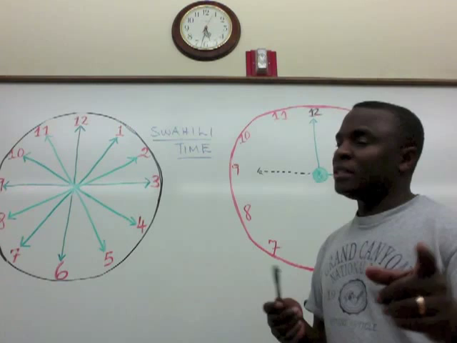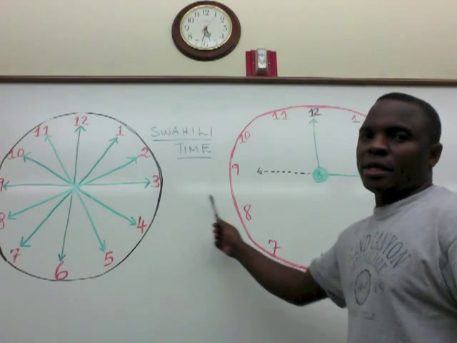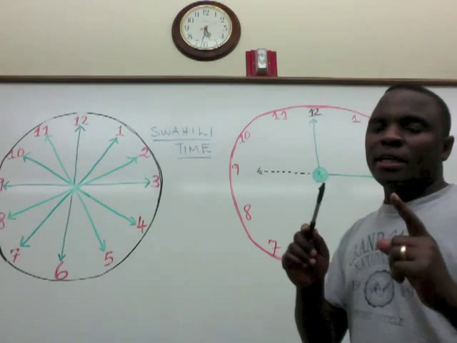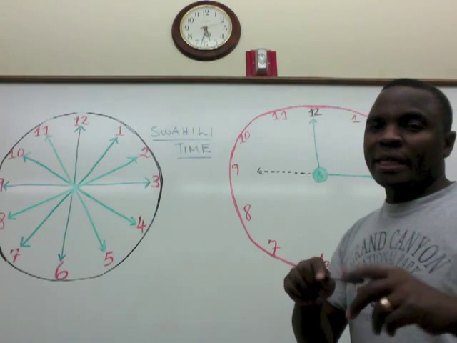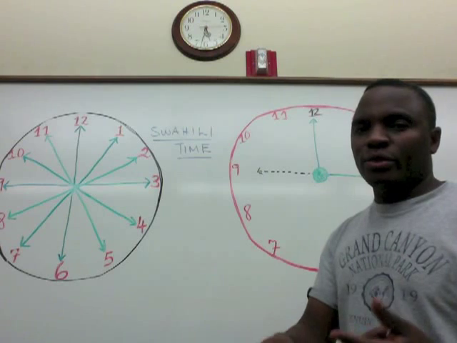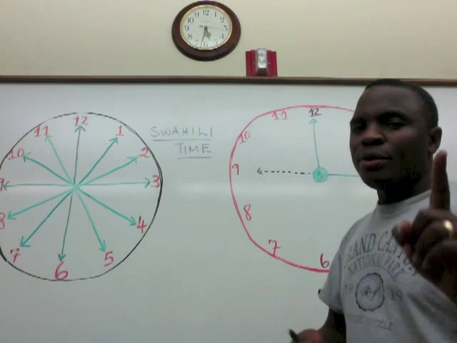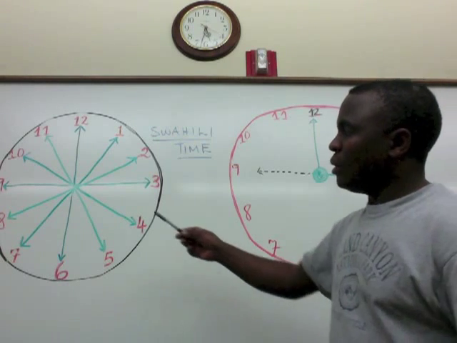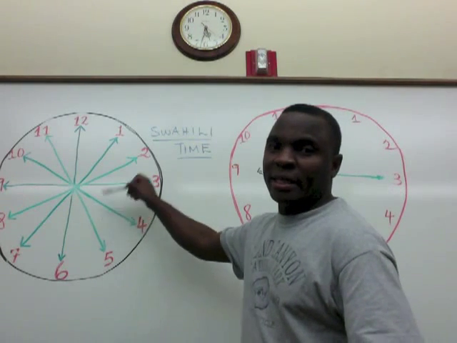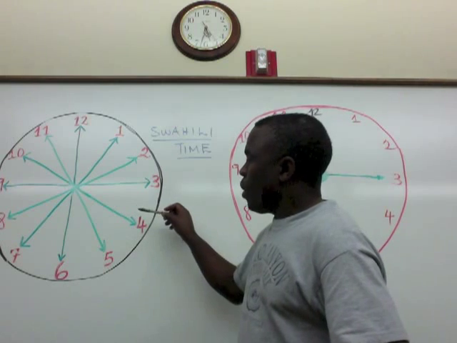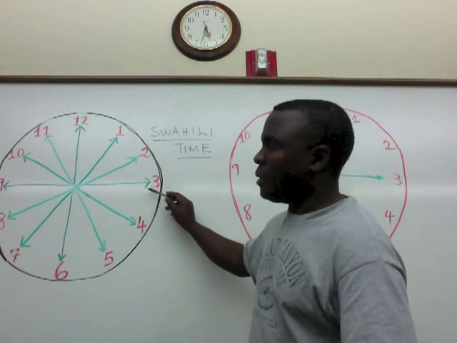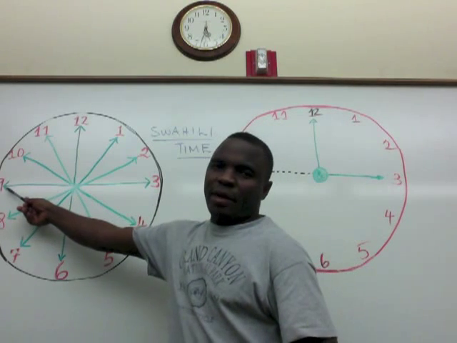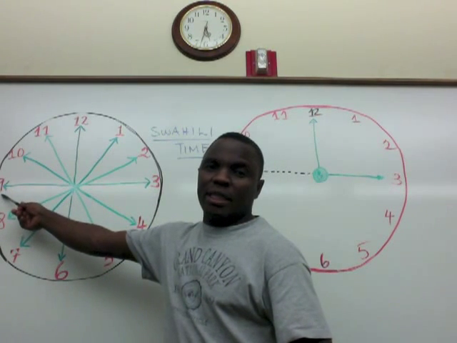It works the opposite. That's why we have the two diagrams here. They're going to help you. I want you to think this way. English time should help you to understand Swahili time. Every time you think about talking of Swahili time, look at this diagram and memorize this in your mind. When something in English, for example, is 3, think of the opposite as this number and say it in Swahili, tisa.